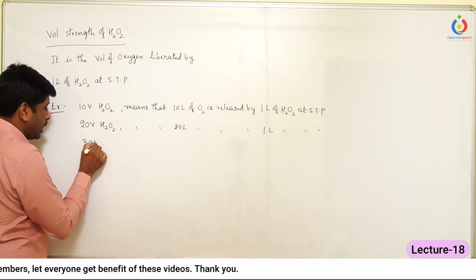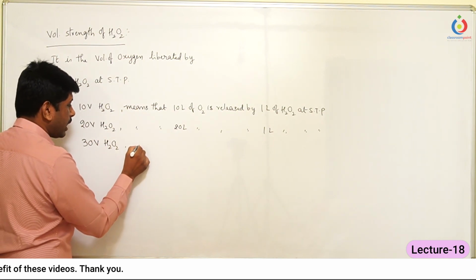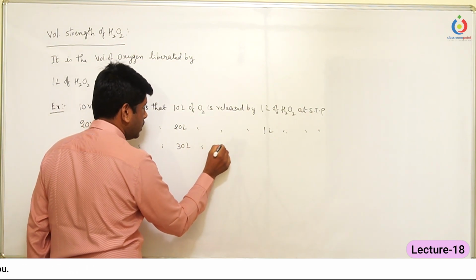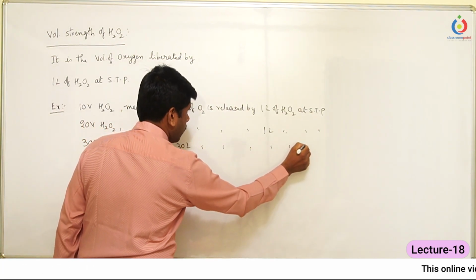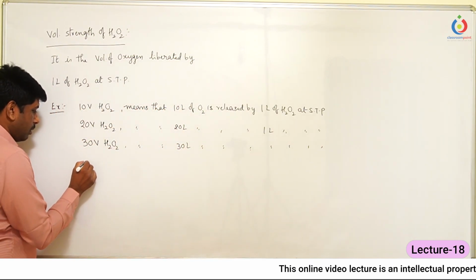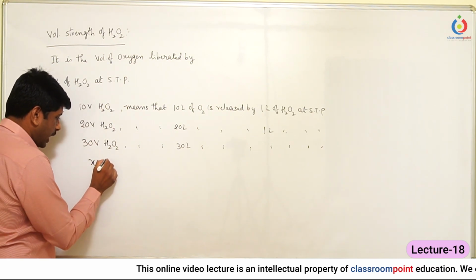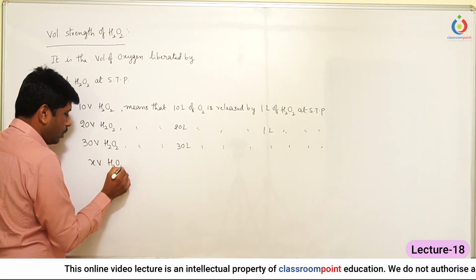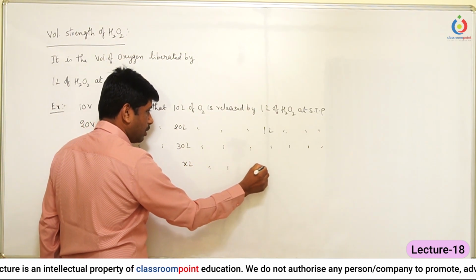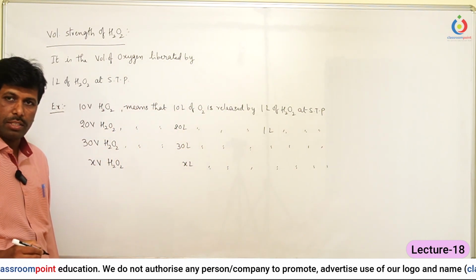Now if a bottle has 30 volumes of H2O2, this means again that it releases 30 liters of oxygen by 1 liter of H2O2 at STP. Now what if XV is mentioned? That means XV of H2O2 stands for X liters of oxygen released by 1 liter of H2O2 at STP.